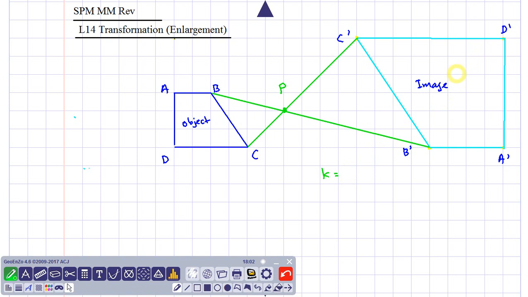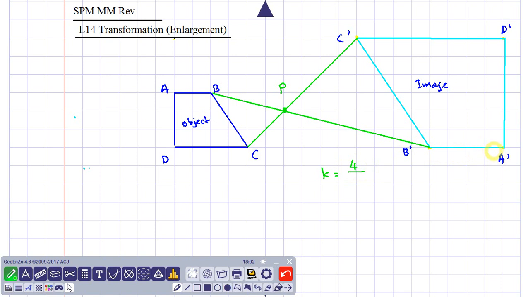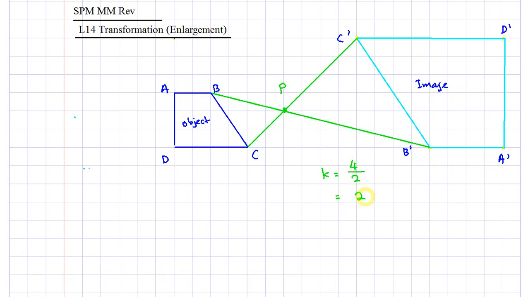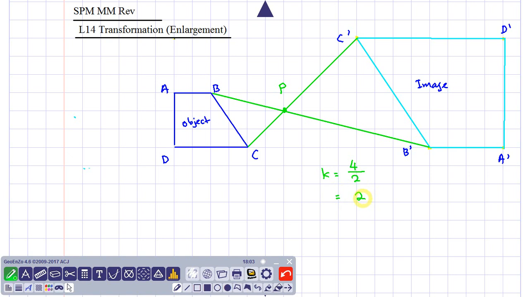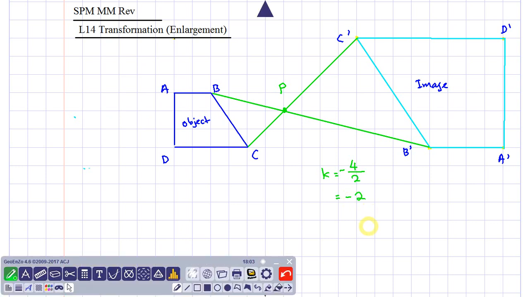I'm so sorry, image on the top. So now 1, 2, 3, 4, 4. Since I take A prime B prime, I have to compare with AB, 1, 2. So the scale factor is 2. This is not correct. Why? Because this center is in the middle, between the object and the image. So when we calculate the scale factor, we need to add a negative to it.